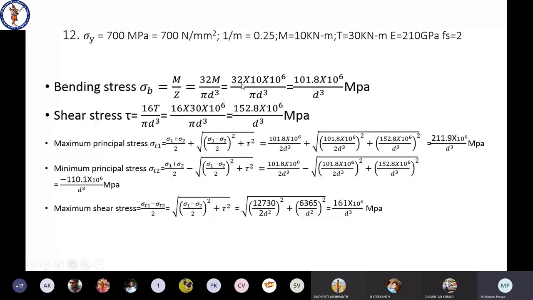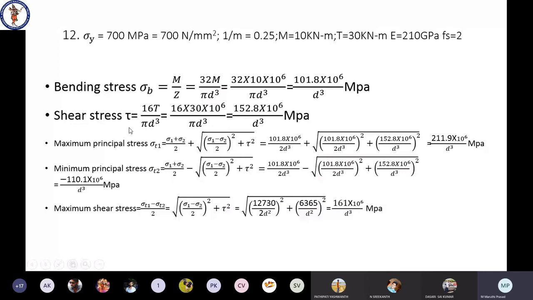So here M is 10 into 10 power 6. So 32 into 10 into 10 power 6 by pi d cube, which becomes 101.8 into 10 power 6 by d cube megapascal.